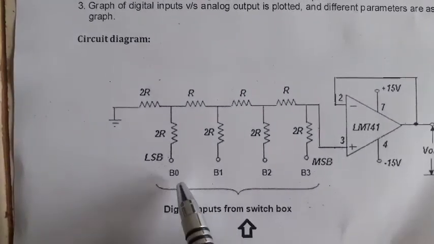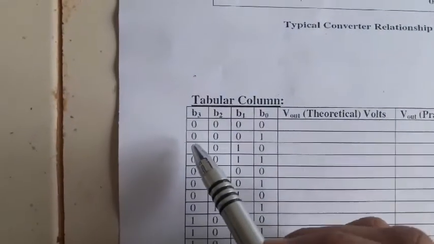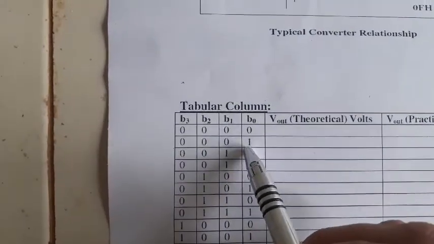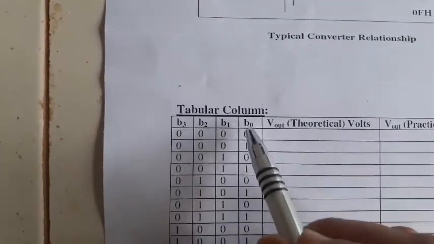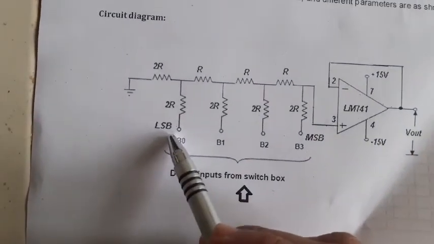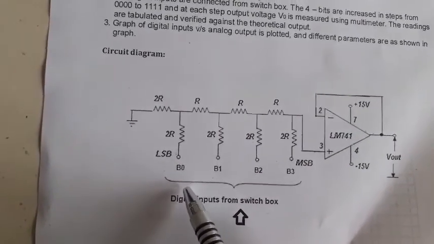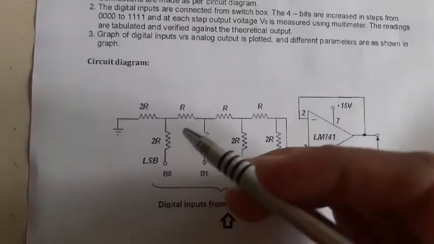So if you apply 0, 0, 0, 1 as your input, 1 is given to B0. It means in your circuit diagram 1 is here. Understood? And 0, 0, 0 for the rest. I'll show you in my circuit how to connect this.